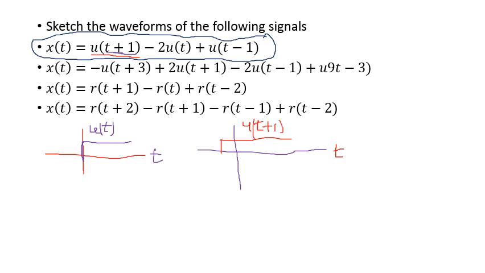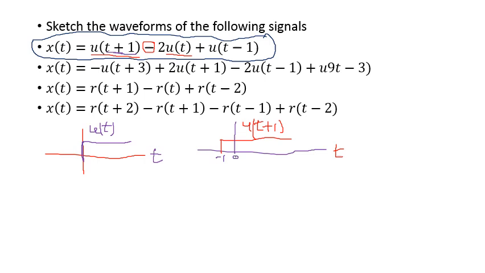Then for the second term, that is a step function, but it is scaled by a factor of 2, and it is also inverted, so that means it has a negative value. So let me plot the second one. So this is 0 and this is -1.